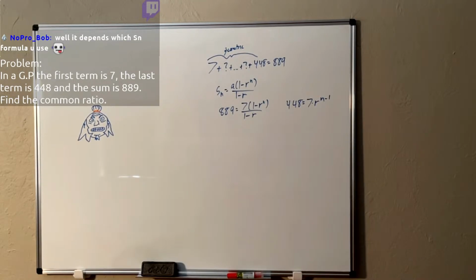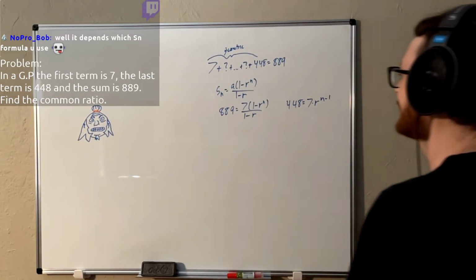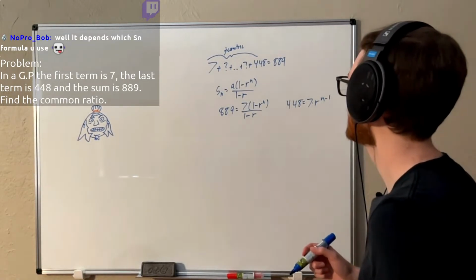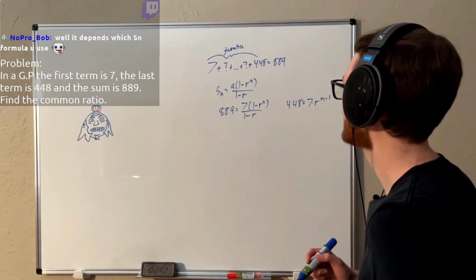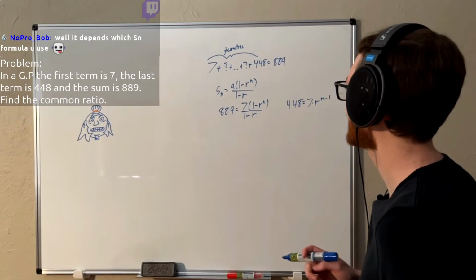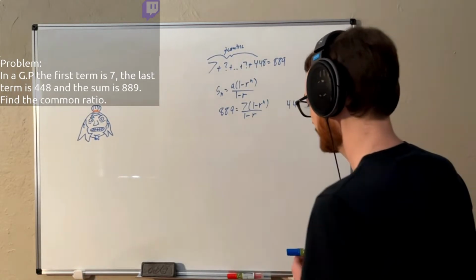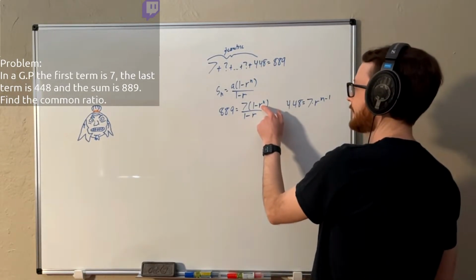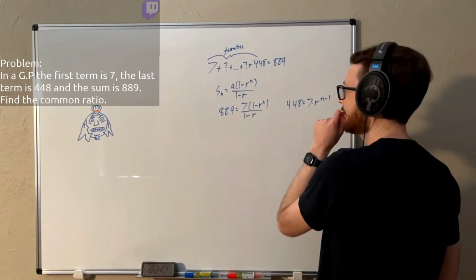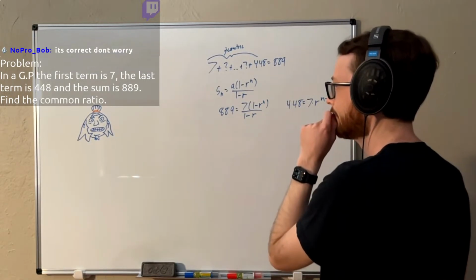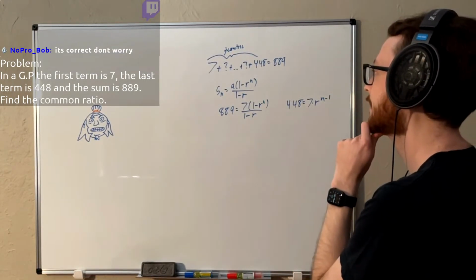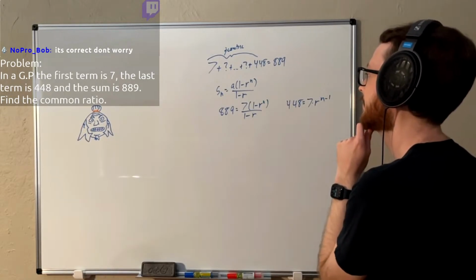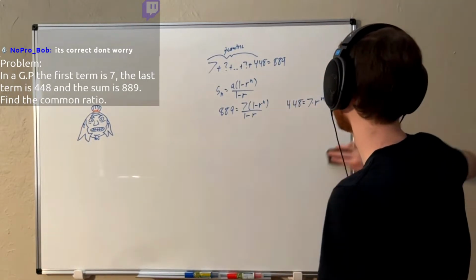Depends which SN formula you use. Oh. But, well, crap. I'm just going to assume that I'm right. Oh, wait. Because we need to plug into there, don't we? I think it should just be n.